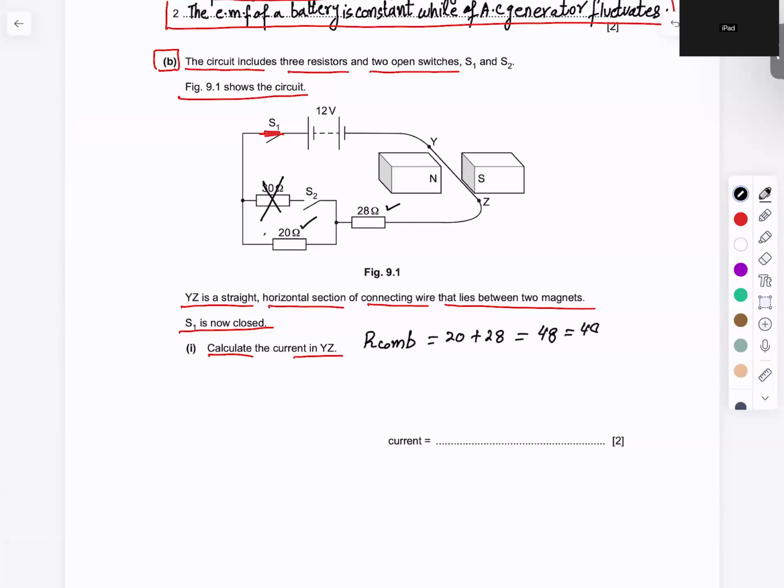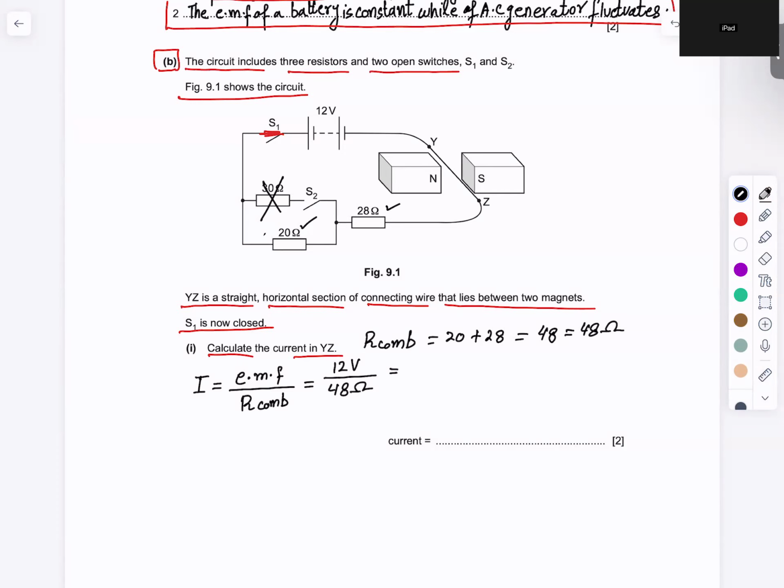So it's 48 ohms, and the current in the circuit will be I is equal to EMF over R combined. So EMF is 12 volt and combined resistance is 48 ohms.